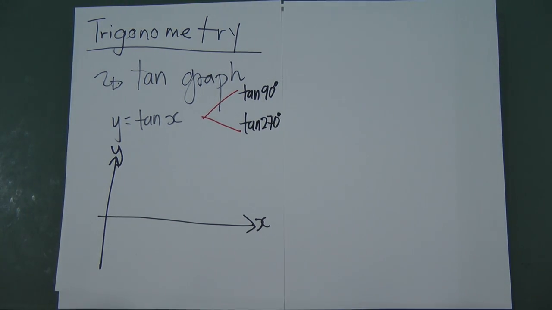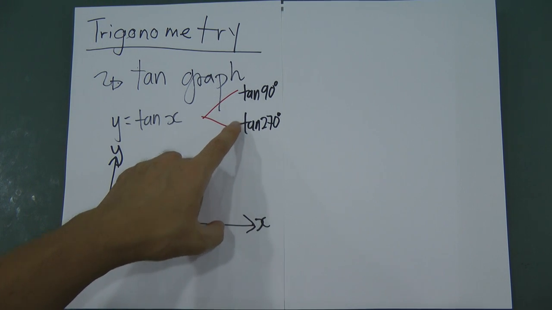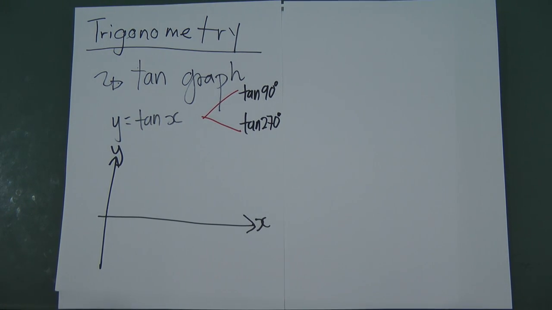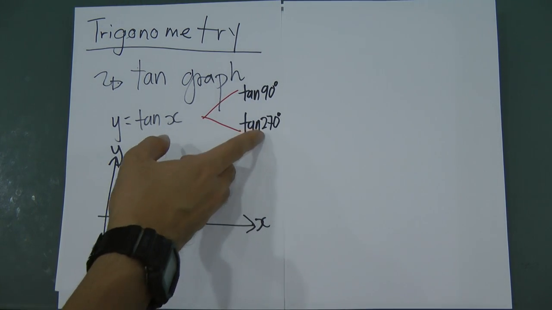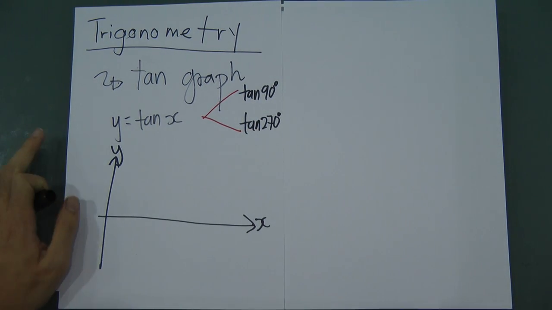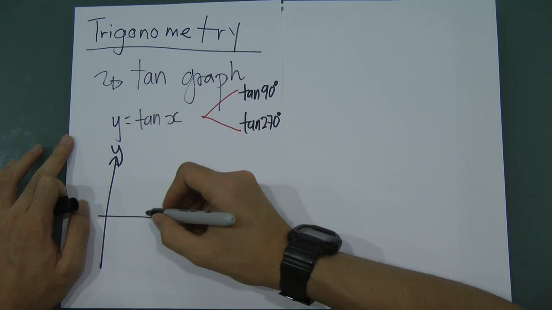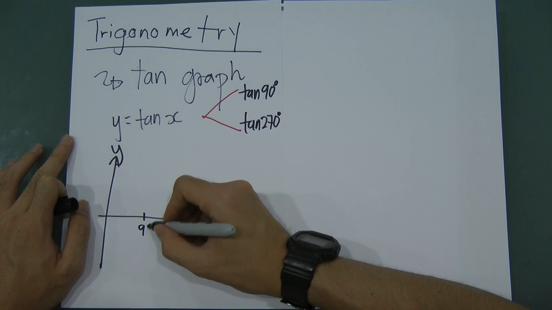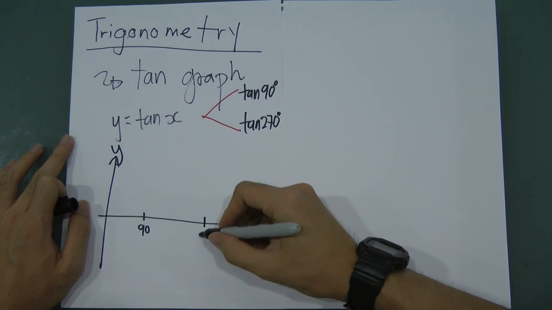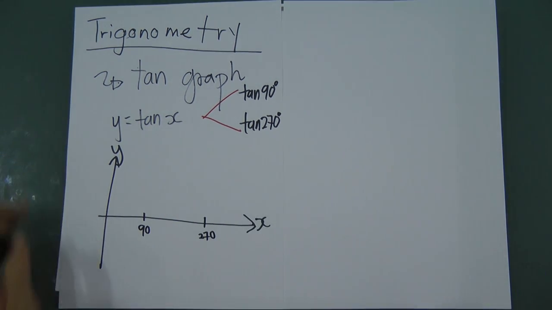Because these two angles, the tangent will never touch, which are angle 90 and angle 270. Why is it so important?